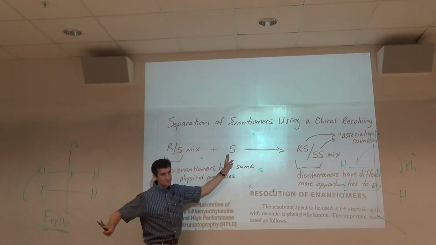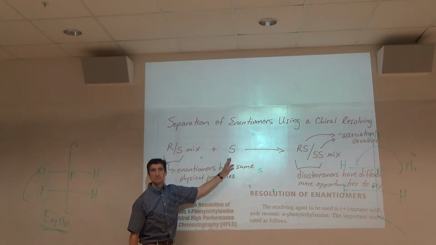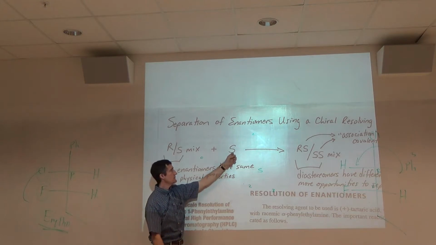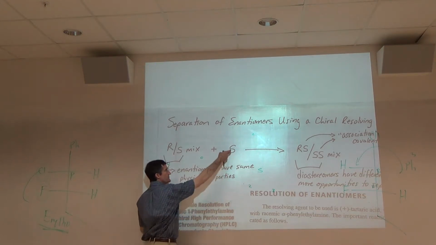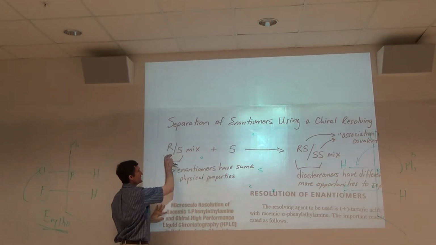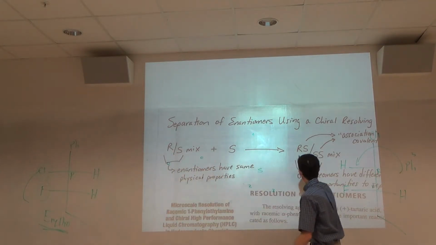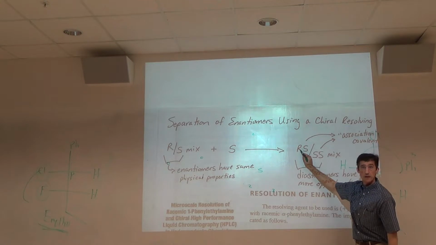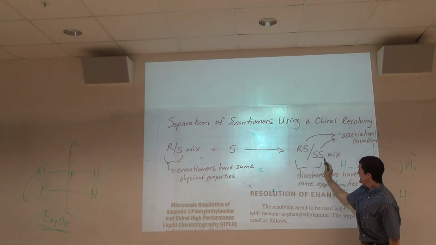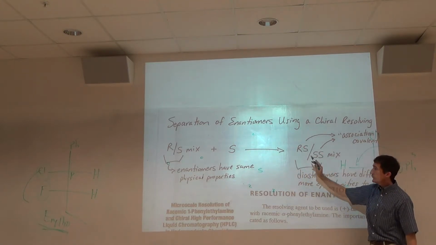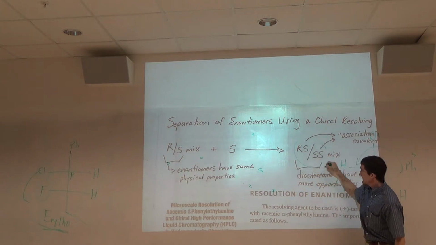Well, somebody did it somewhere. But since they did it, we can now use this. And if this bonds to this, there are two things. If S bonds to R, we get an SR. If S bonds to S, we get SS. So if we get those bonded, we now have this mix.